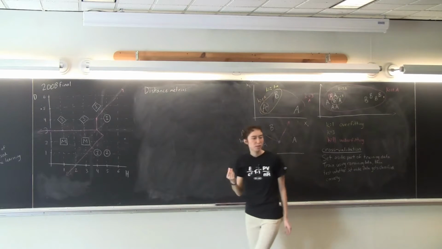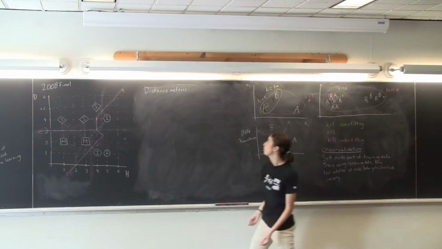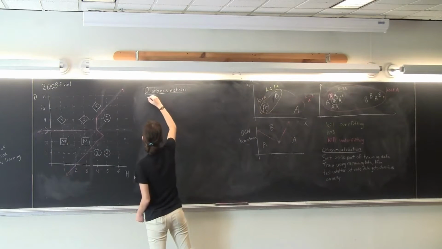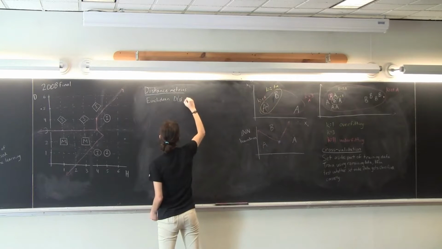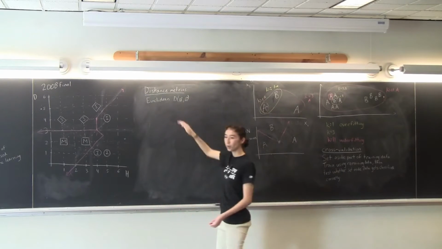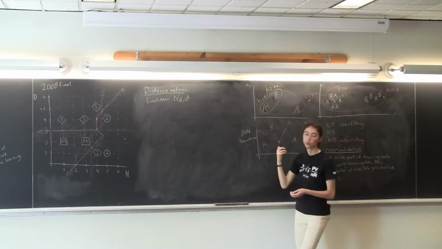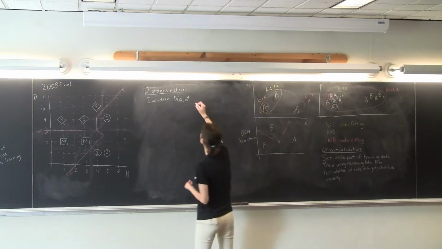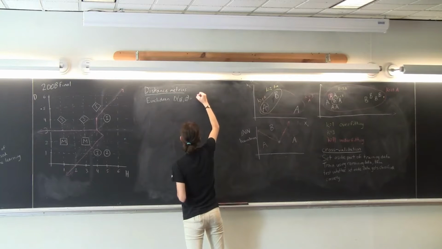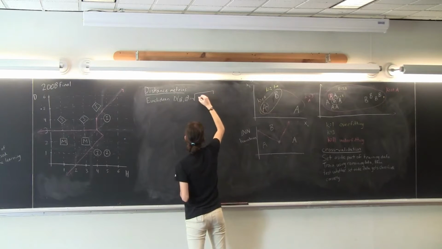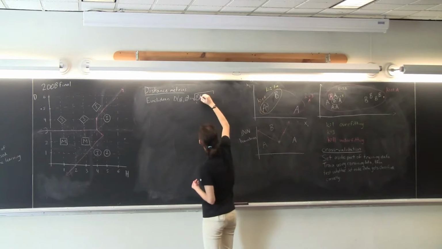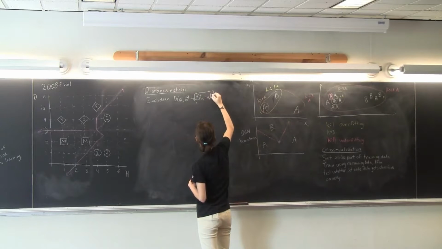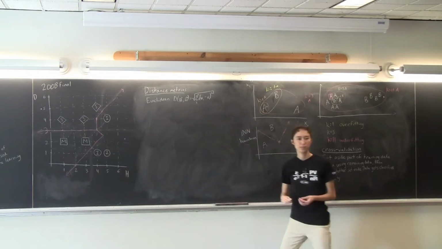So we'll start by putting up the formula for Euclidean distance just so that we can compare the other metrics to it. So the Euclidean distance between two vectors u and v, where these are just points that could be two-dimensional, like what we've been looking at, or multi-dimensional, is going to be the square root of the sum over each component of the vectors of the difference between those components squared.